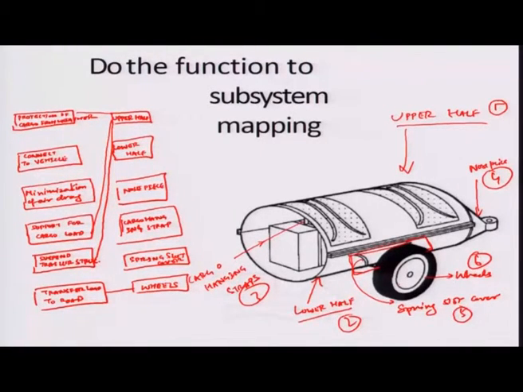Similarly, if I looked at the lower half, the lower also performs all these three functions as has been illustrated. So, the lower also is used for supporting cargo load or suspending the trailer structure, as well as protection of the cargo from weather. If I looked at the nose piece here, it first connects to the puller vehicle, okay, then also is responsible for minimization of the air drag.